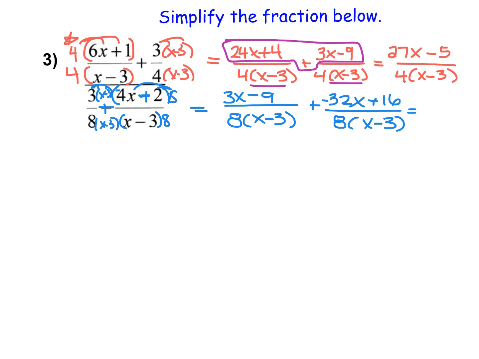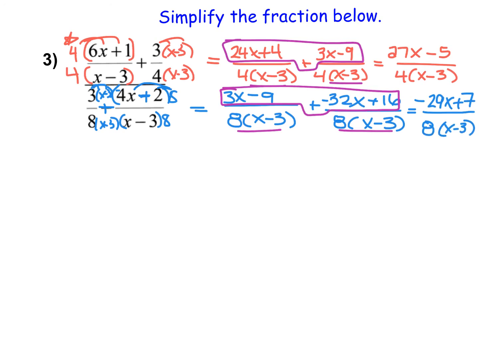Then from here, we can simply combine and add together the like terms that we see in the numerators because we have common denominators, and we end up with negative 29x plus 7 in our numerator, and then we have 8 times x minus 3 in our denominator.